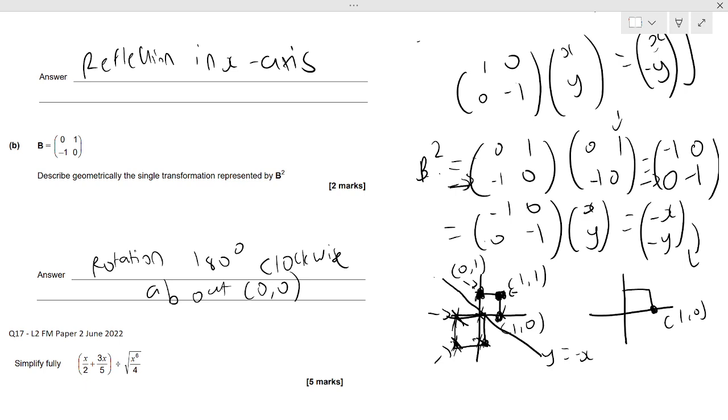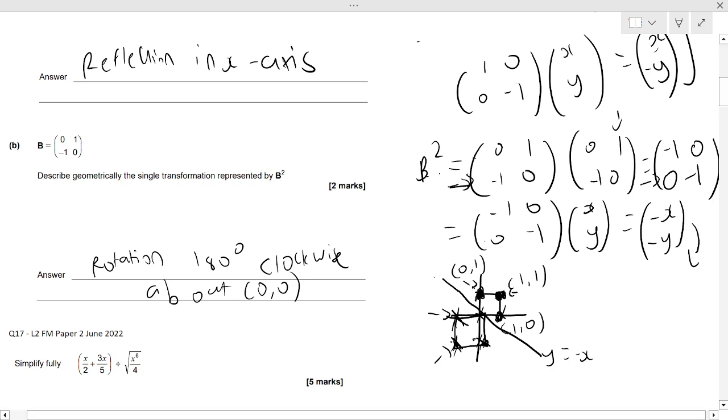Minus x gives minus 1, and then y is 0, so it would go here. If you were to reflect it in the line y is minus x, which you might think from looking at this diagram, it would actually go here instead. But that's not what we want. We want it to be here, so it cannot be a reflection. So the only way is a rotation.